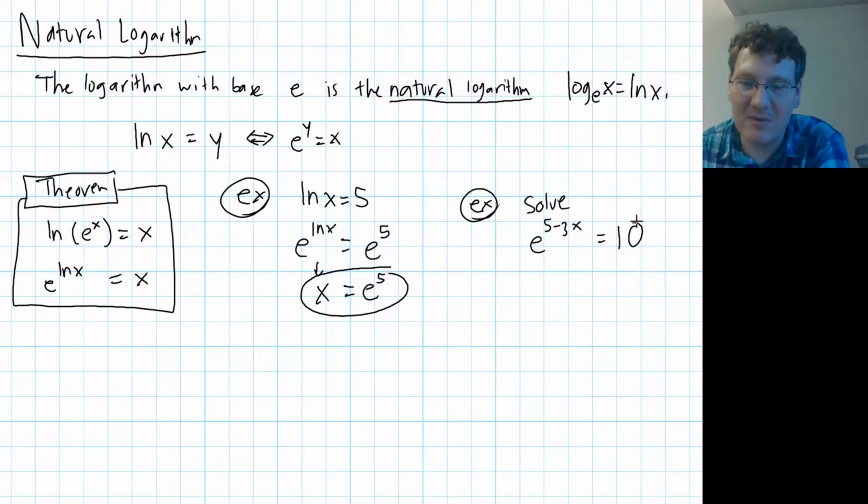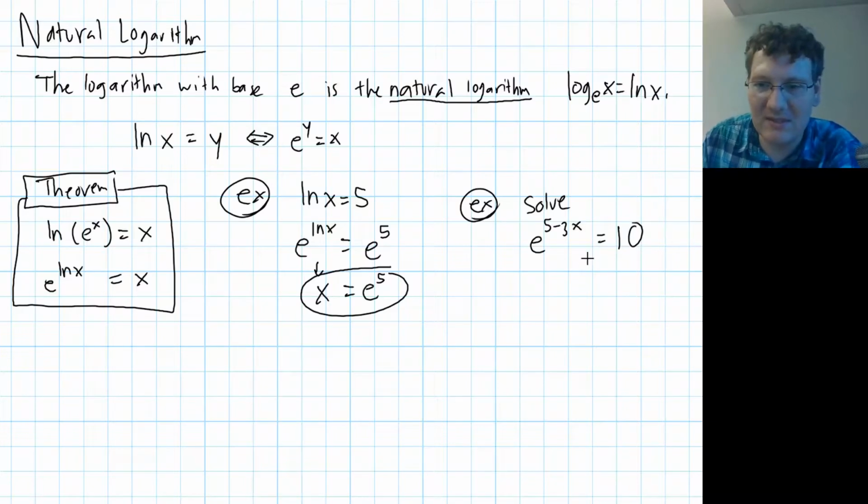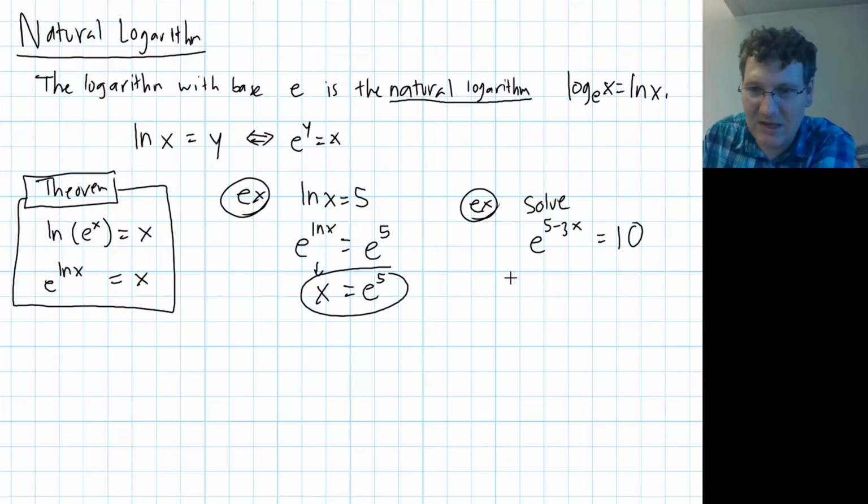As another little example, let's take e to the 5 minus 3x equals 10 and solve it for x. Similarly, we can use the property that the natural log of e to some power will essentially cancel it out. So the natural log of e to the 5 minus 3x must equal the natural log of 10. On the left-hand side, this becomes 5 minus 3x. Now we can solve for x.